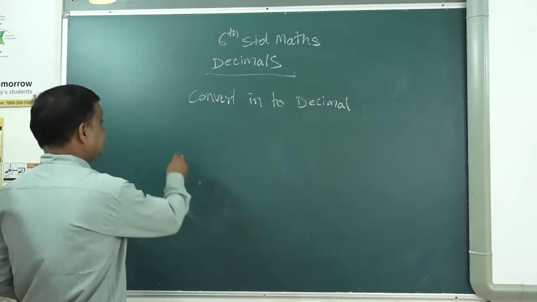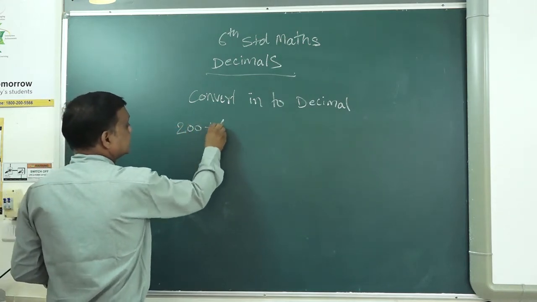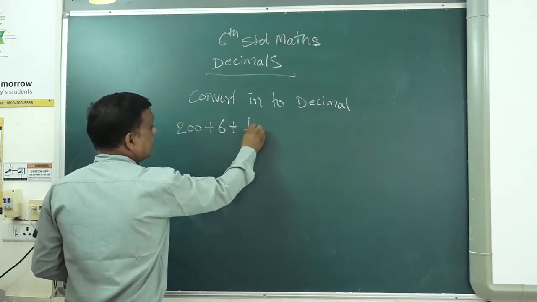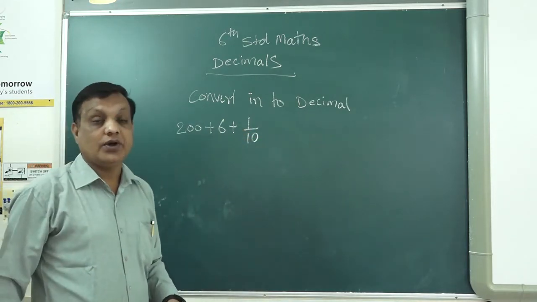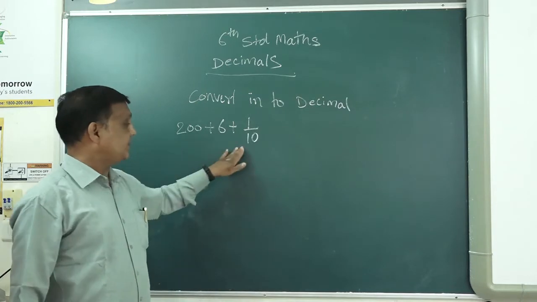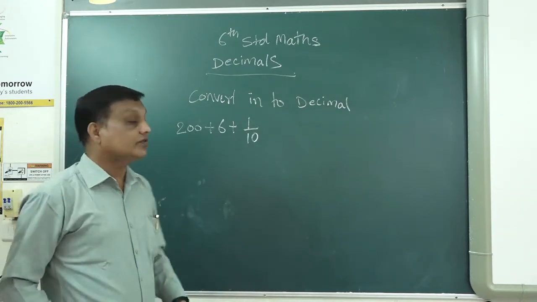For example, here this number is given: 200 plus 6 plus 1 upon 10. Now this is the expanded form. This we have to convert into decimal. How to convert?